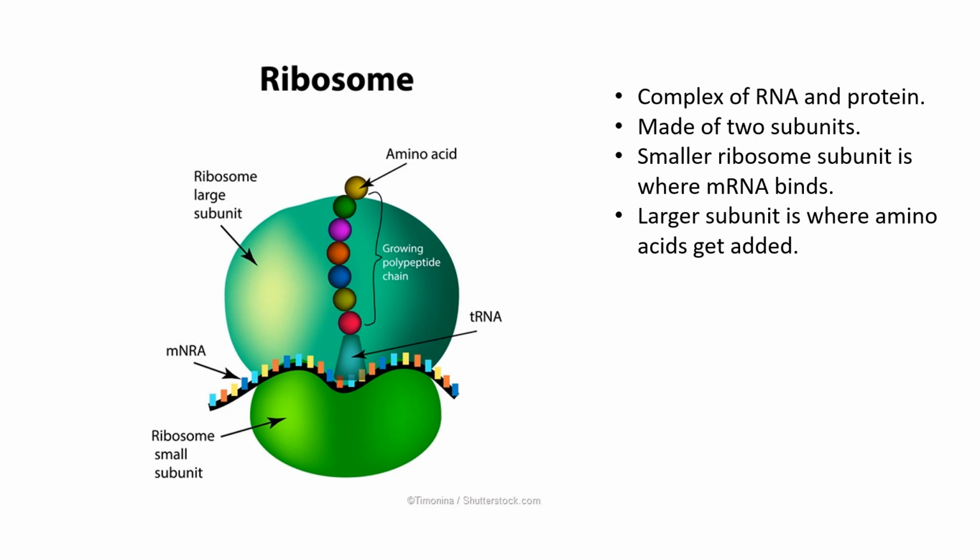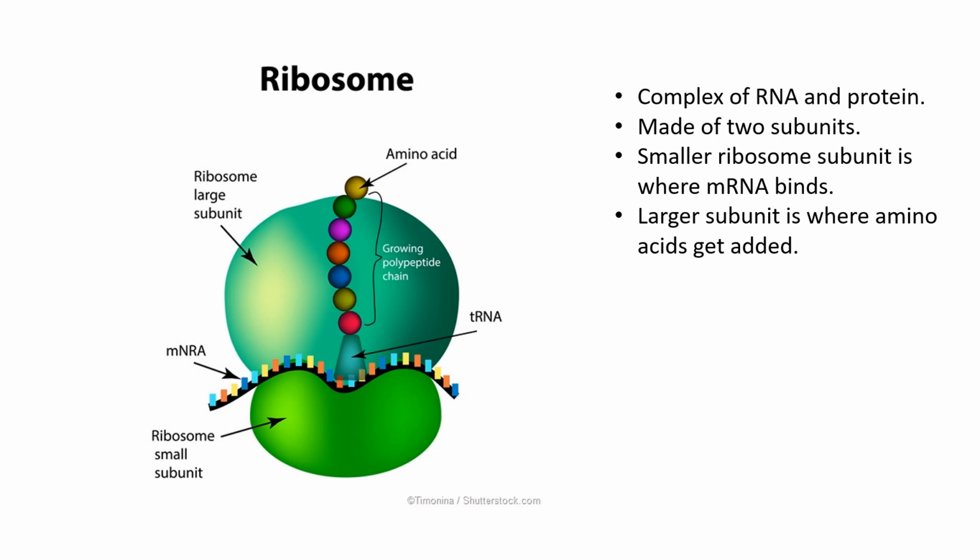The ribosome is made up of two subunits. The smaller ribosome subunit is where the mRNA binds, whereas the larger subunit is where the amino acids get added. As you can see, the smaller subunit is the bright green smaller structure at the lower side of the diagram.